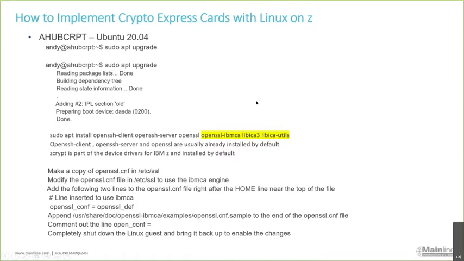After those packages are installed, you'll have to do a little bit of configuration on the SSL conf file. It's fairly easy to do. You'll add a control statement for the OpenSSL conf definition, and then you'll copy in the statements from this other file here, which will give you access to all the other configuration options that allow you to use the cards.